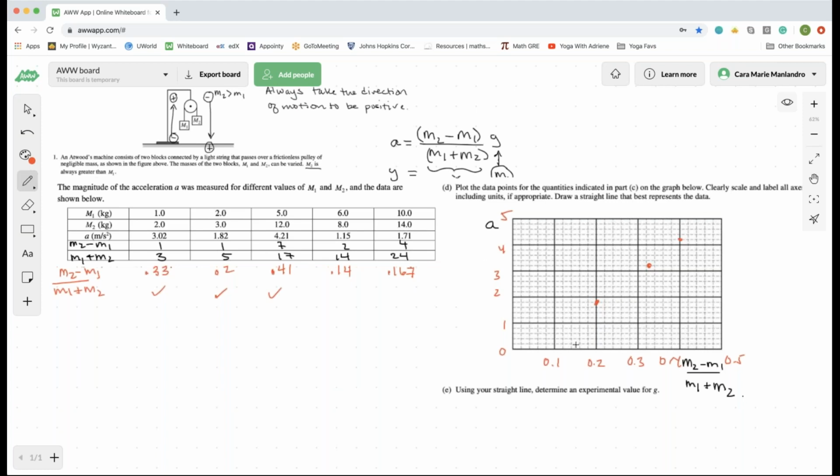Then 0.14, 1.15, and 0.167, 1.7, something like that. Not a great artist. Let's remember to mute our microphones. Now I'm going to draw a line in there. It looks something like that.